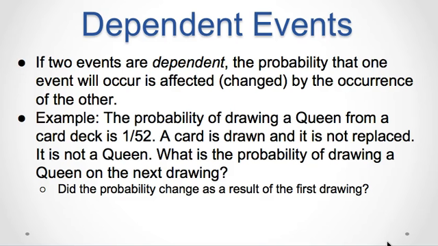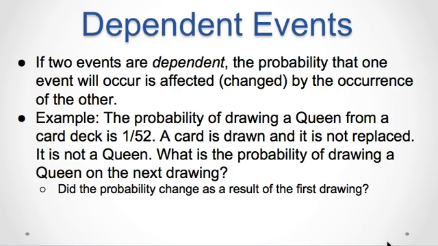But if you do not replace the card, you're changing the probability to 1 out of 51, which equals 0.0196 for the second card. Choosing anything and not replacing it, and then choosing another, like bingo balls, raffle tickets, and so on.